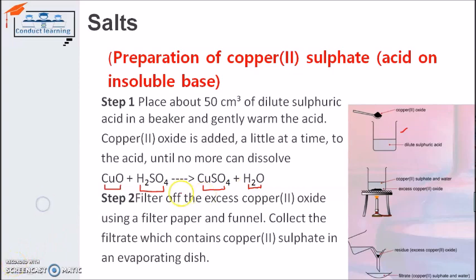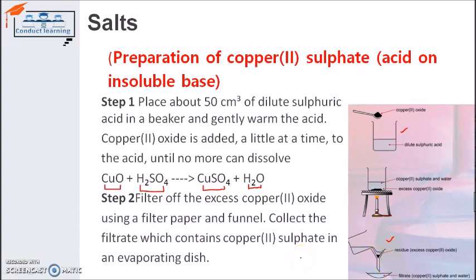After forming that solution we filter it. We filter out excess copper oxide using filter paper and funnel, as done in this third diagram. We collect the filtrate in a china dish, and that filtrate is copper sulfate.